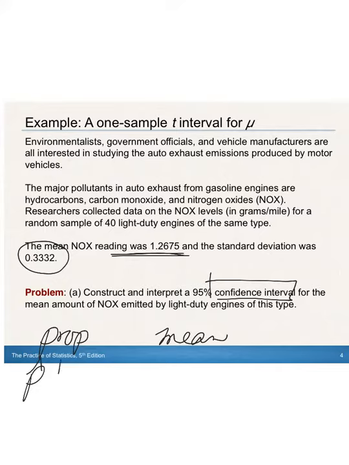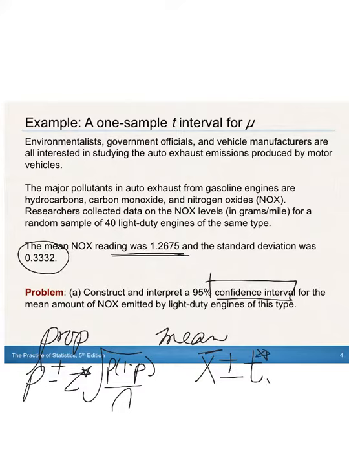One would be p hat plus or minus z star times the square root of p hat, 1 minus p hat, all over n, or the mean, which would be x bar plus or minus t star times the standard deviation of x over the square root of n. Sure enough, this one tells us that we're talking about a mean reading, and we already know from the sample what the standard deviation is, so we have enough information to move forward.